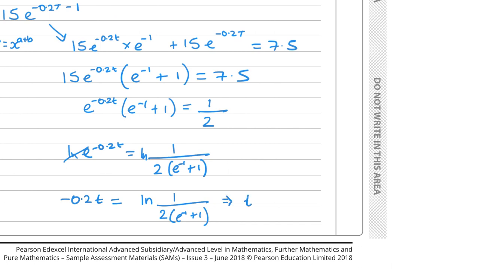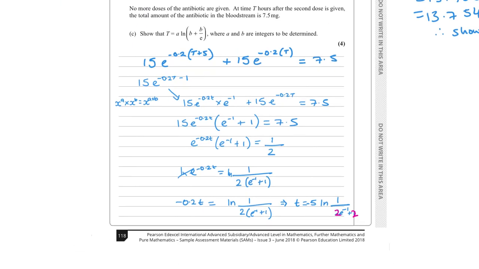So t equals 5 minus 5 ln 1 over 2e to the minus 1 plus 1. Okay. Oh, sorry, this is now 2. I expanded that bottom bracket.